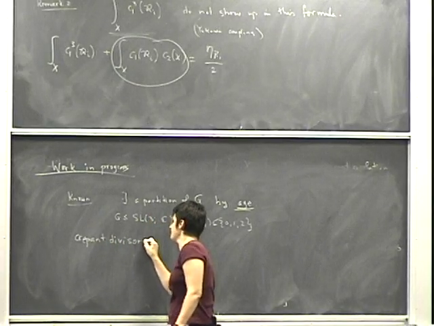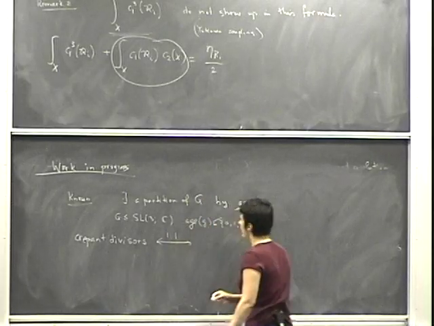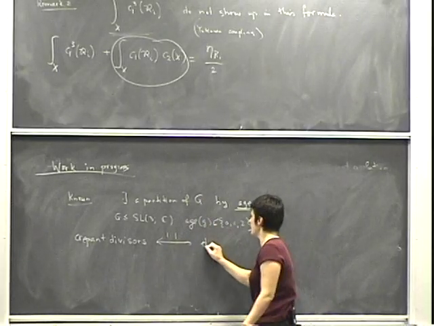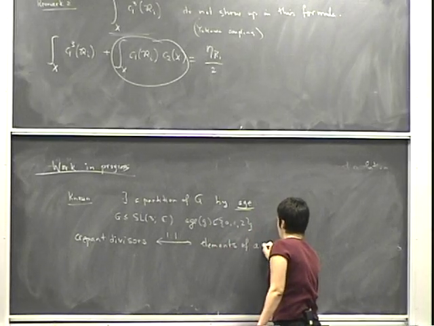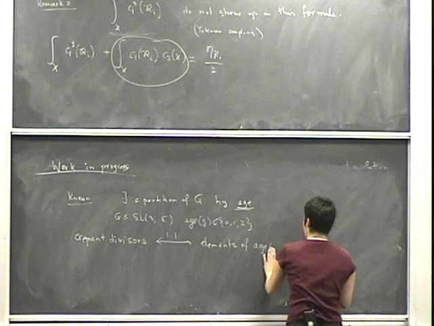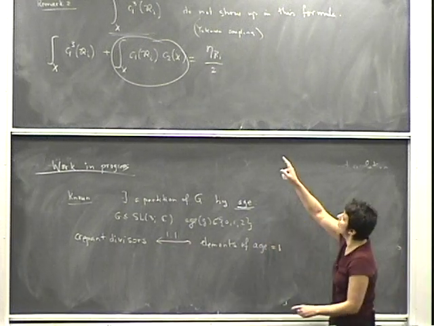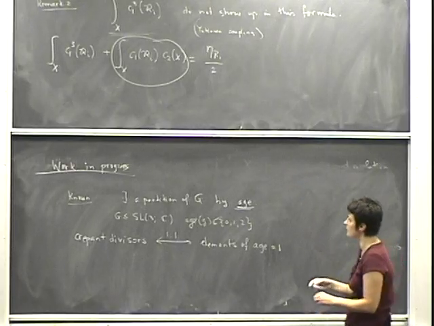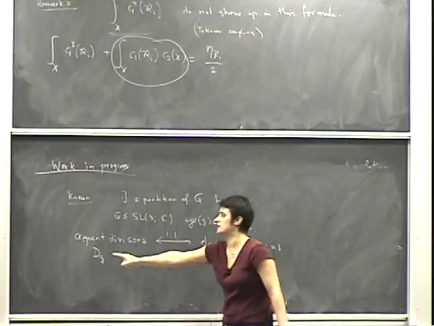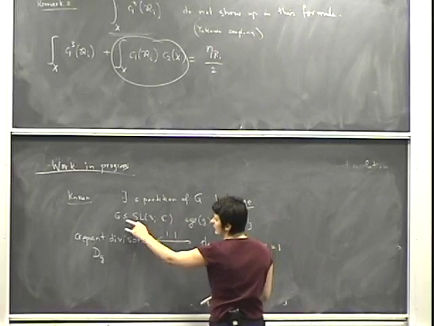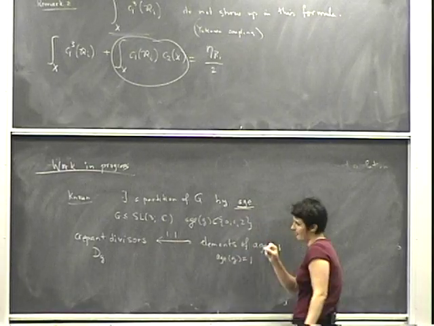And then you can describe the Crepant divisors. Crepant divisors are in one-to-one correspondence with elements of G with age equal to 1. So when you want an adjunction formula, if I have a Crepant divisor, I'll associate it to an element G with age of G equal to 1.